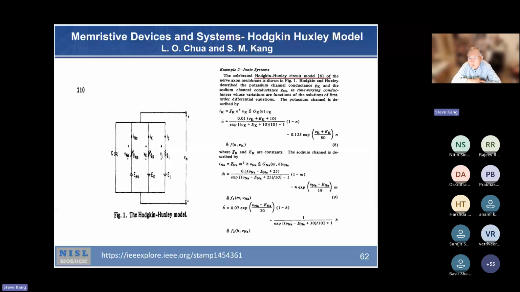Other questions? Hello, good morning, sir. I am Sachin Tiwari. Hello. Yes, go ahead, please. Sir, recently I read an article about the mem transfer. Is there any difference between the memristor and mem transfer? What is it?